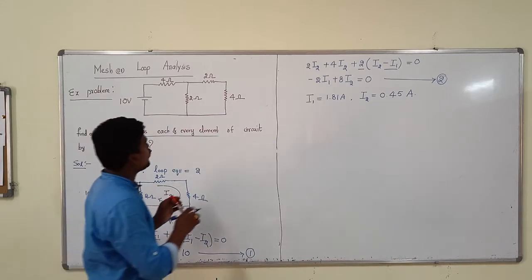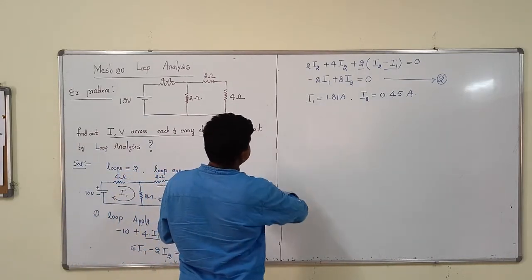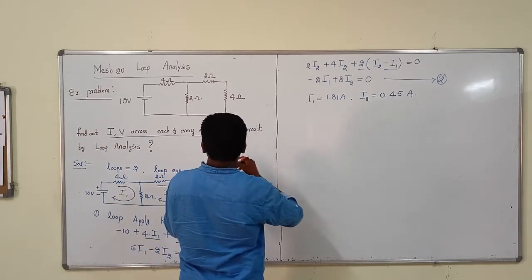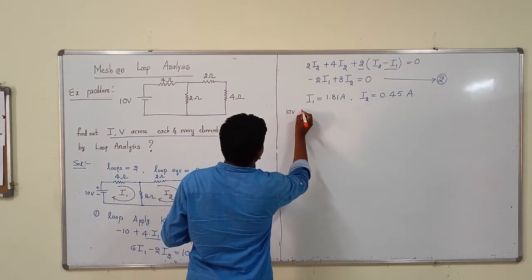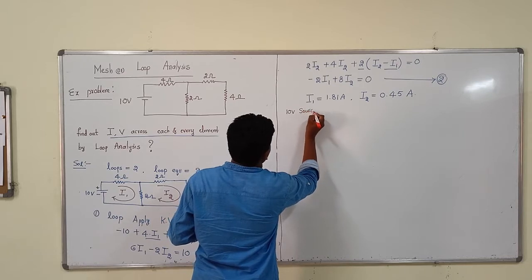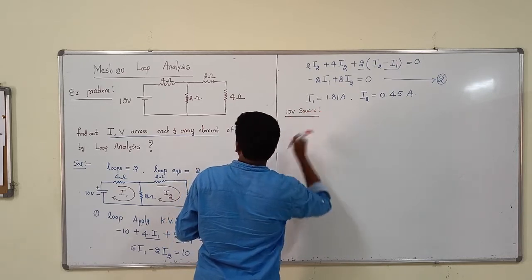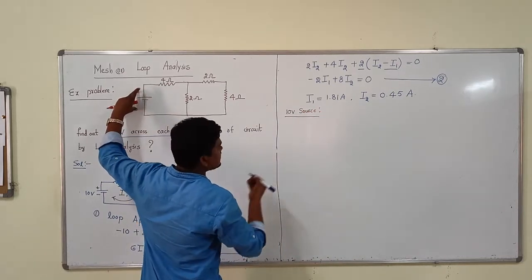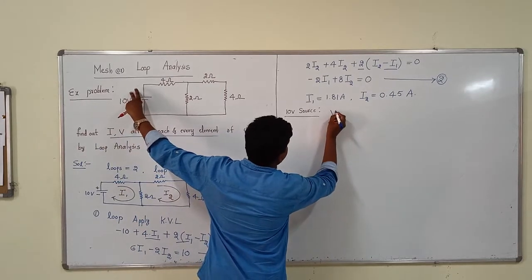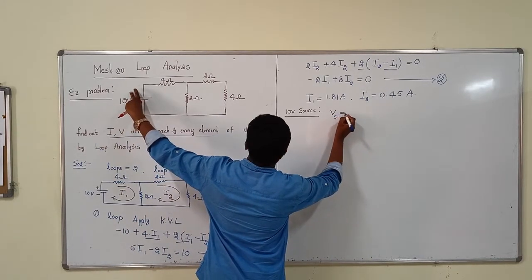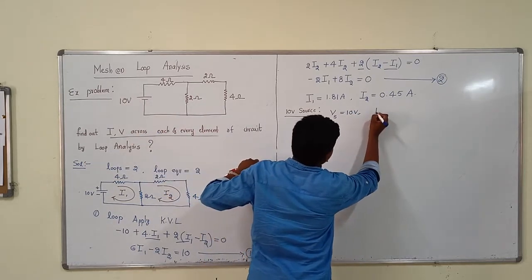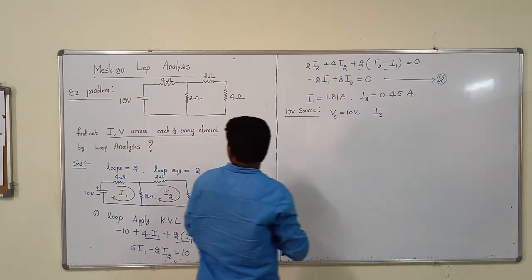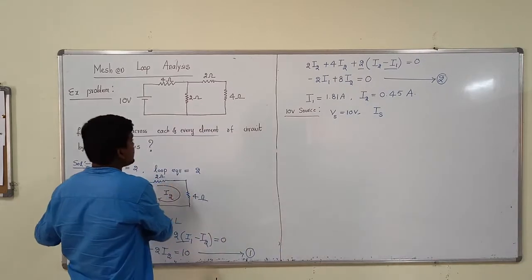First, the 10 volts source. For the 10 volts source, voltage is directly given. This is the 10 volts. But current from the source, look here.